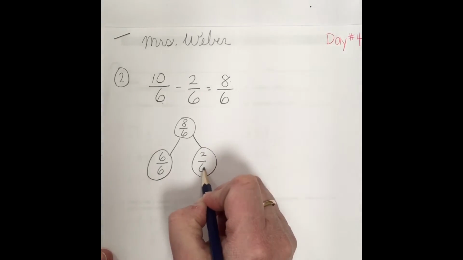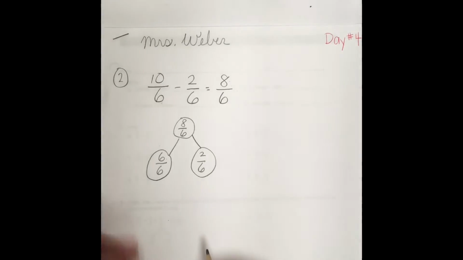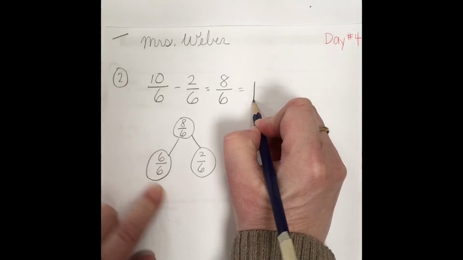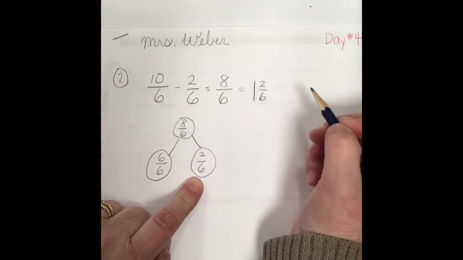Well, it's 2 sixths. So I can rename 8 sixths as a mixed number. The 6 sixths would become 1 whole, and my fractional unit would be 2 sixths.